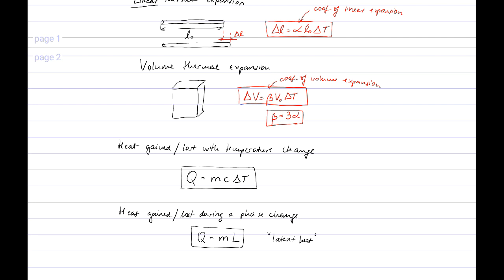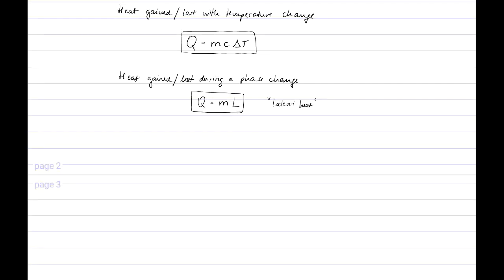Now, what is a phase change? So the phase changes are when a substance goes from a solid to a liquid, or the other way around, from liquid to solid. So let's put an arrow in both directions. From solid to gas and the other way around, or from liquid to gas and the other way around.